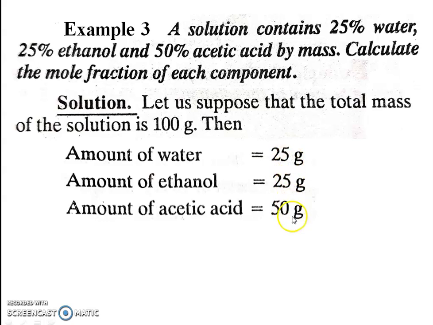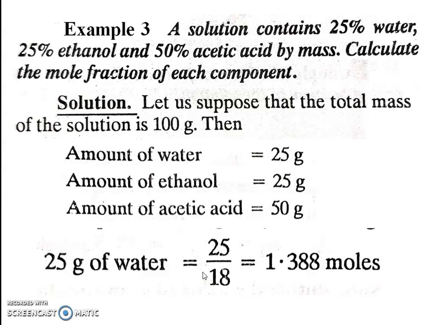So the total is 100 gram. That is, 100 gram of solution contains 25 gram water, 25 gram ethanol and 50 gram acetic acid. So this is given.